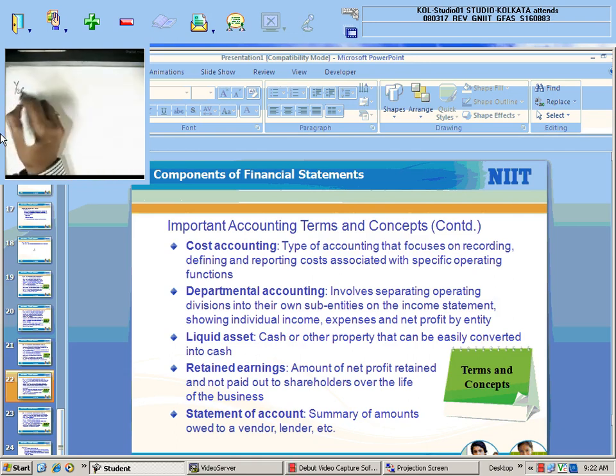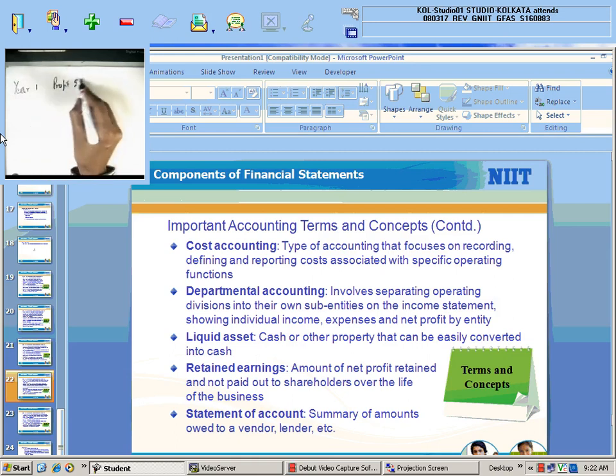Year 1, profit is 50 lakhs, out of which 30 lakhs is retained. The company doesn't pay out this to the shareholders. So at the end of the first year, the retained earnings is 30 lakhs.